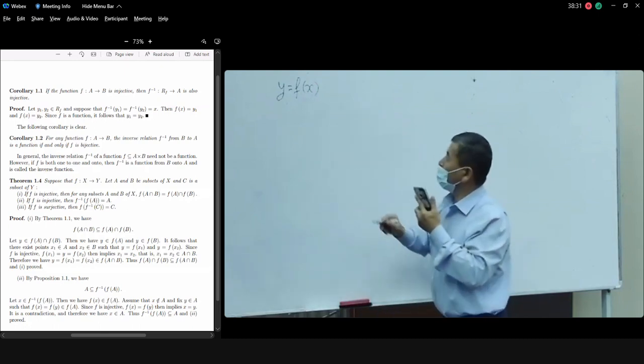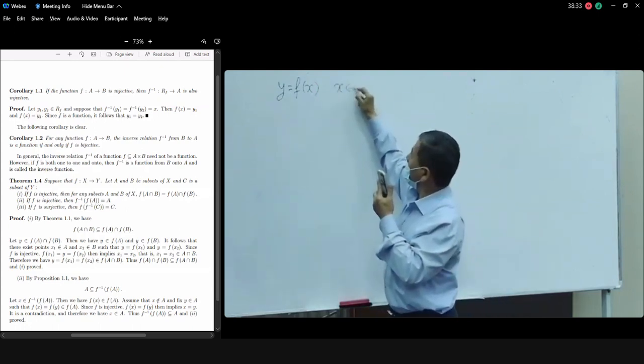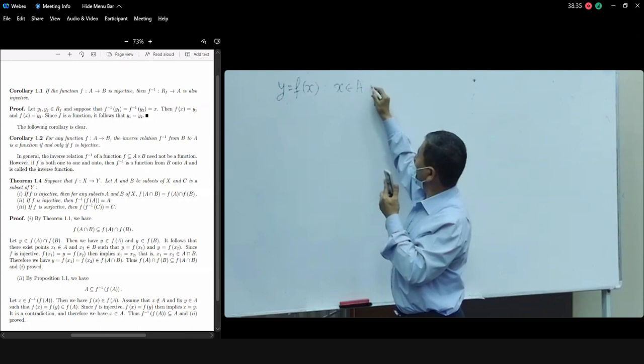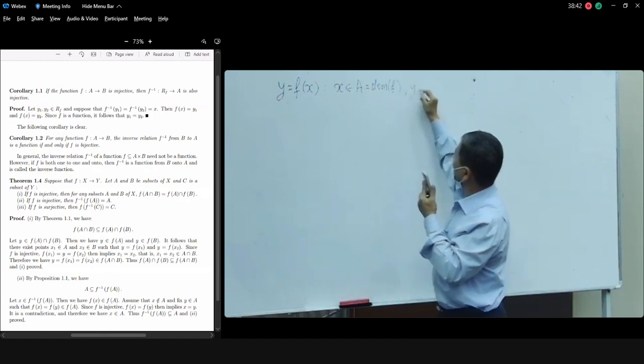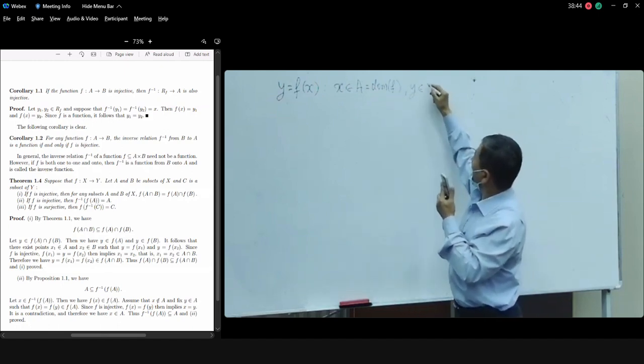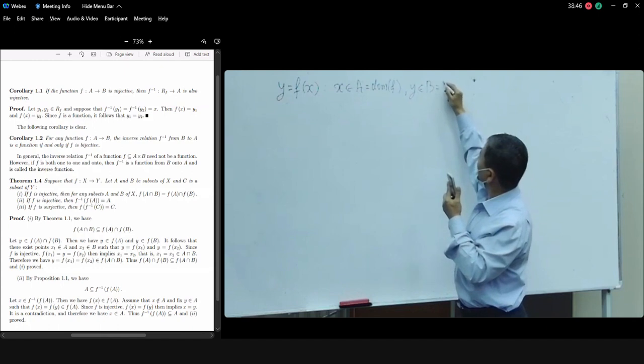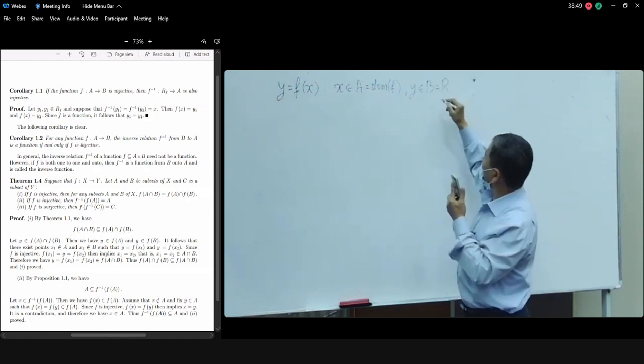So if a function is given, here x varies from A, which is the domain of f, and y varies from B, which is the range.